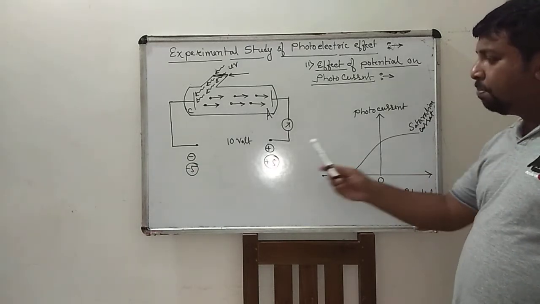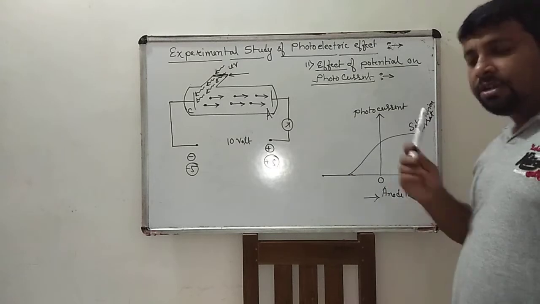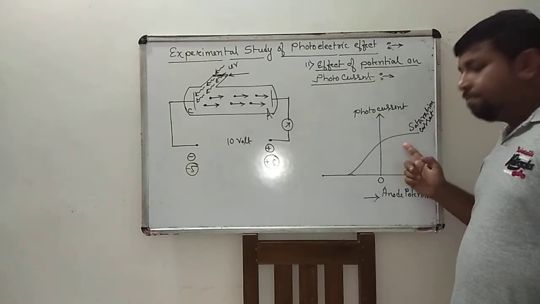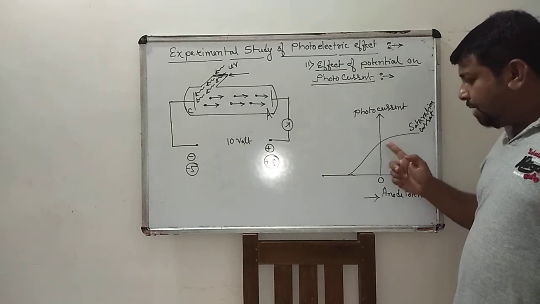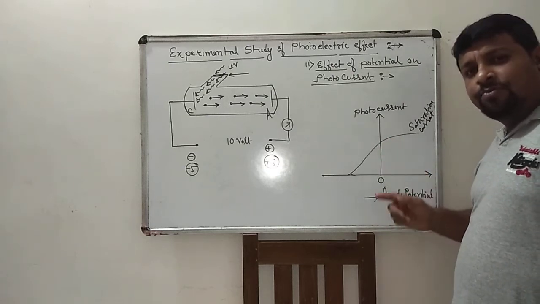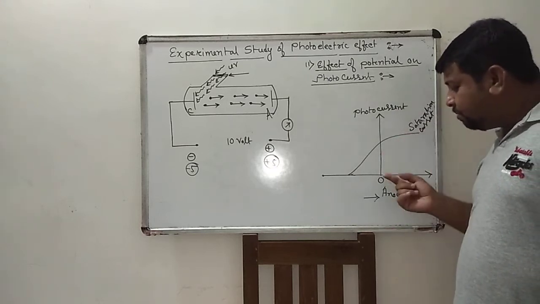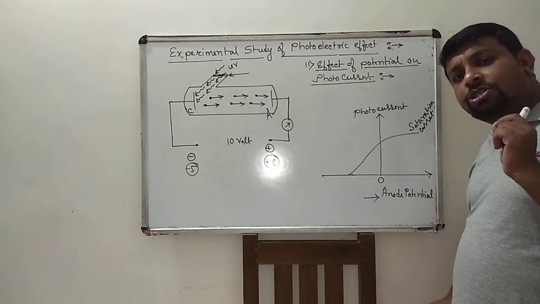The anode potential gradually decreases from +5 to -5: +5, +4, +3, +2, +1, 0. The photo current gradually decreases, but when the anode potential is 0, the photo current is not 0.